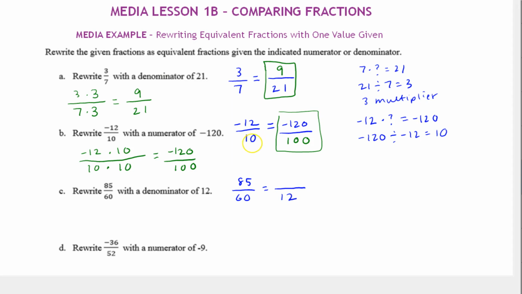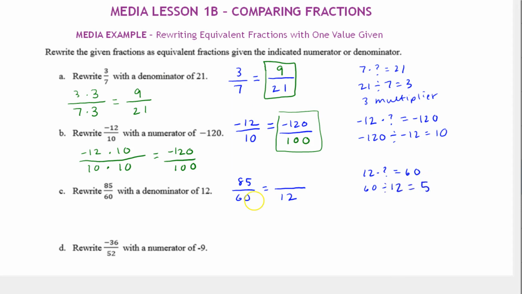Because here we were looking for that multiplier, and here the number is actually smaller in the denominator. But notice we can really think of this as working in the other direction. 12 times what number would give me 60? Is equivalent to 60 divided by 12.